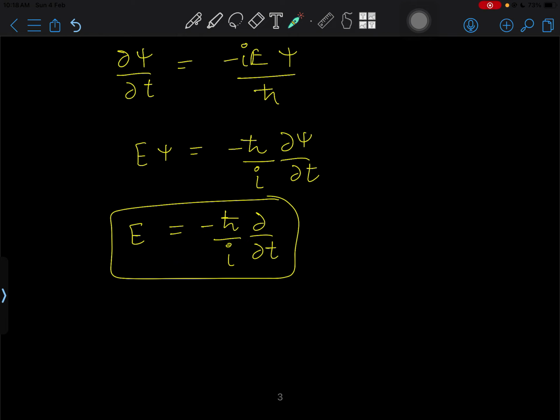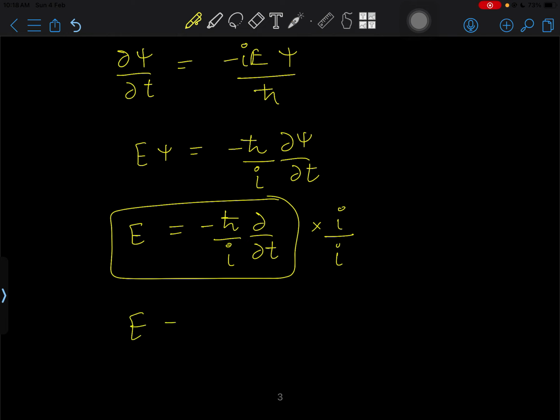Now we can convert it into another form. What else can we do? We can make the energy operator positive by multiplying and dividing it by iota itself.